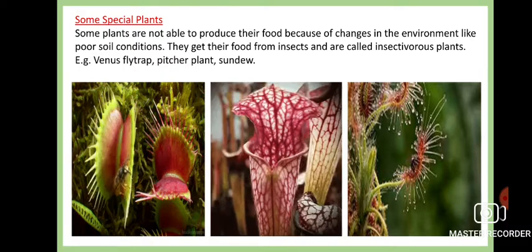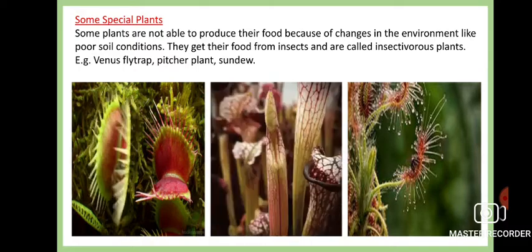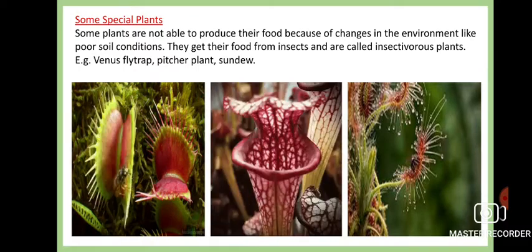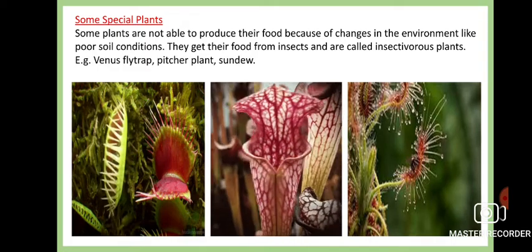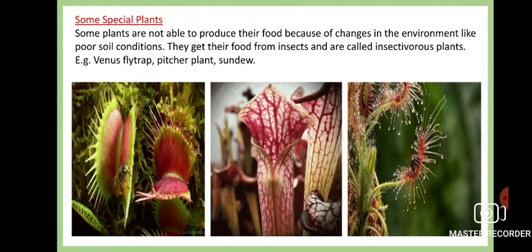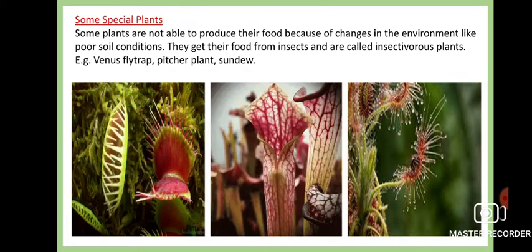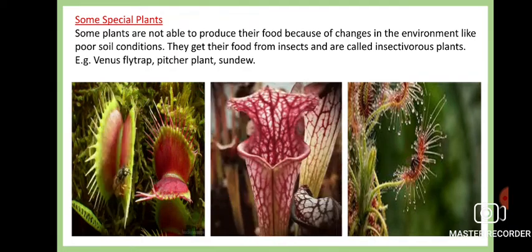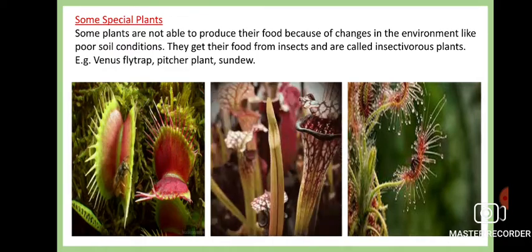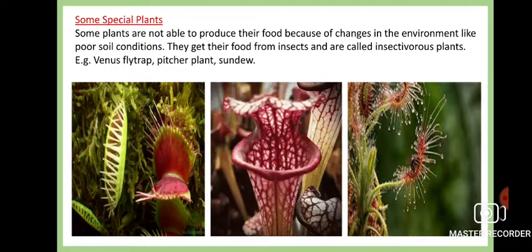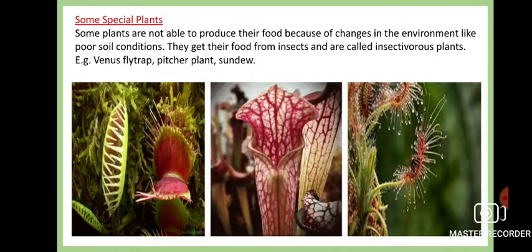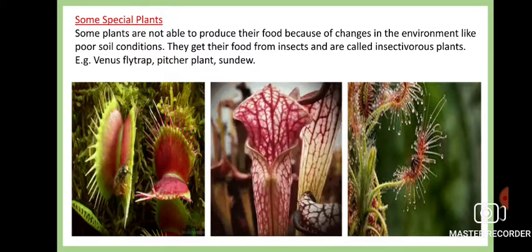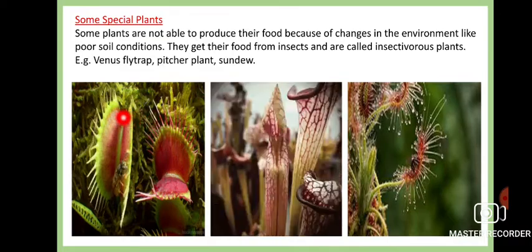Because these plants are not able to produce their own food because of changes in the environment, like poor soil condition, or maybe they produce food which is not adequate for their nutrition. So they get the nutrition from the insects and are known as insectivorous plants.